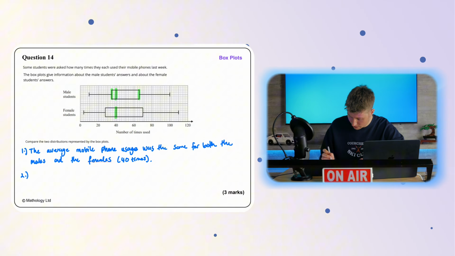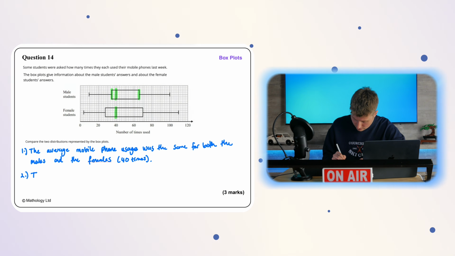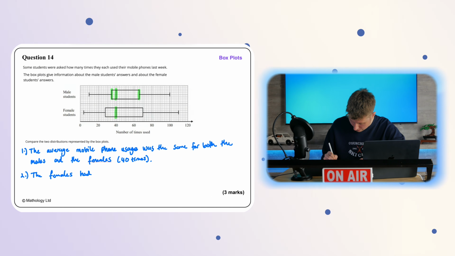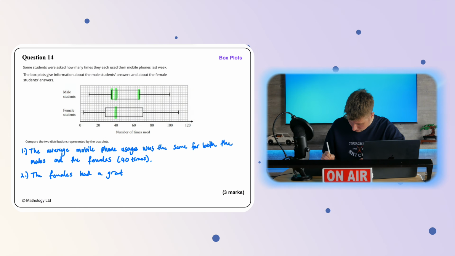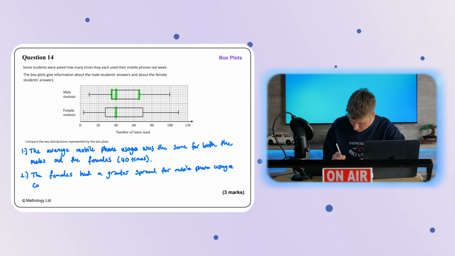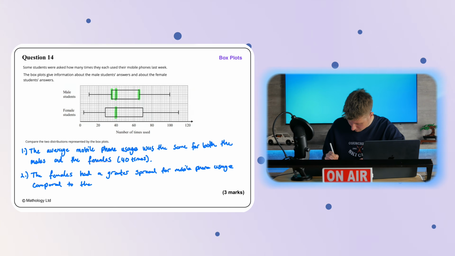The second point that we can note is that the interquartile range for the females is greater than the interquartile range for the males. So you can say the females had a greater spread for mobile phone usage compared to the males.